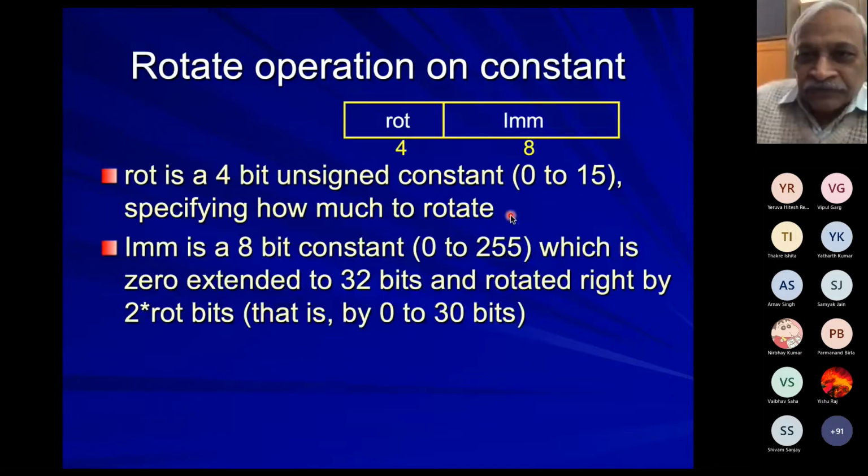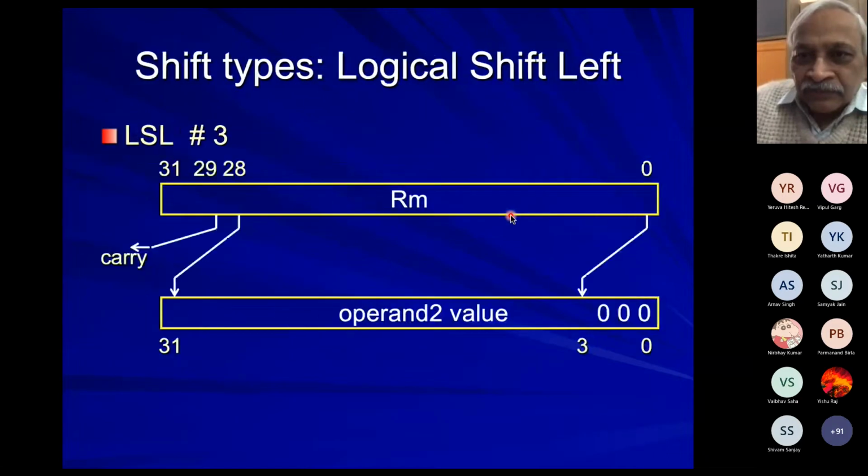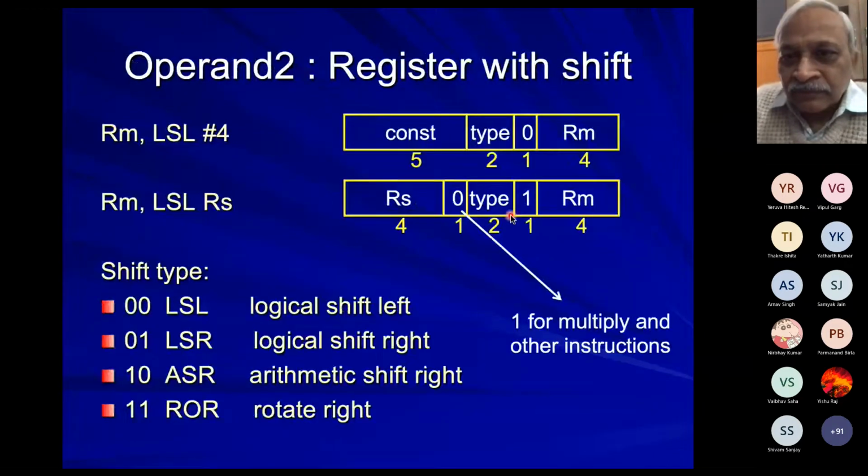Recall that if you look at this group of 4 bits, 1, 2, and 1, a total of 4 bits. If you have a 1 here and a 0 here, that means you are following this format. But if you have a 1 and 1, then it becomes a multiply instruction.